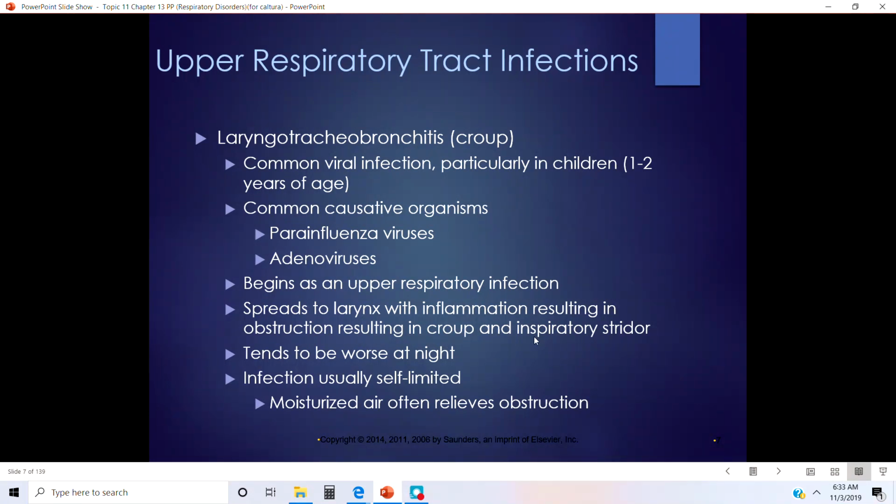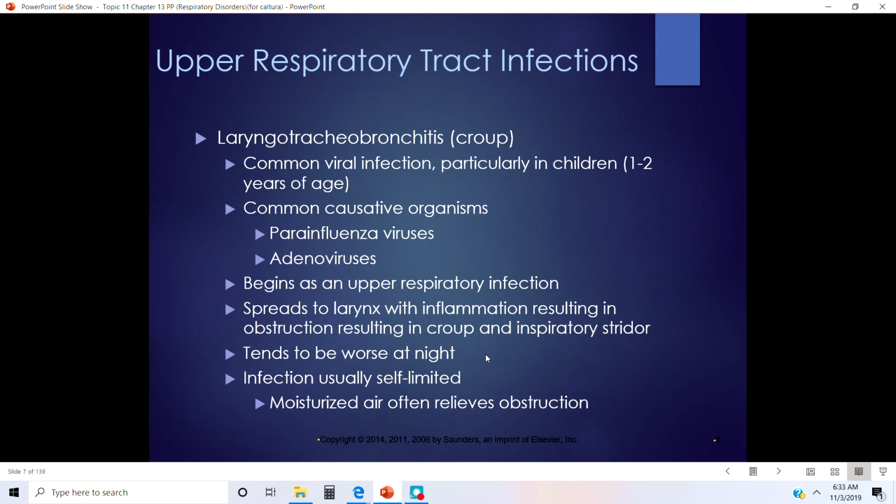This is a very high-pitched sound, and you can hear the individual really struggling to get air in when they take an inspiration or inhalation, right? So it's a high-pitched sound on inhalation. Croup tends to be worse at night, right? But the good news is that it's self-limited, right? It's a viral infection.